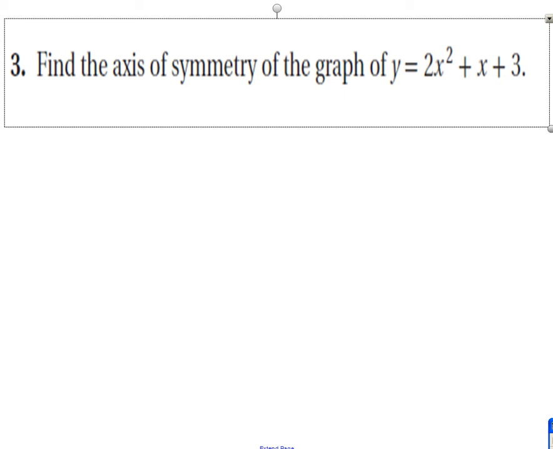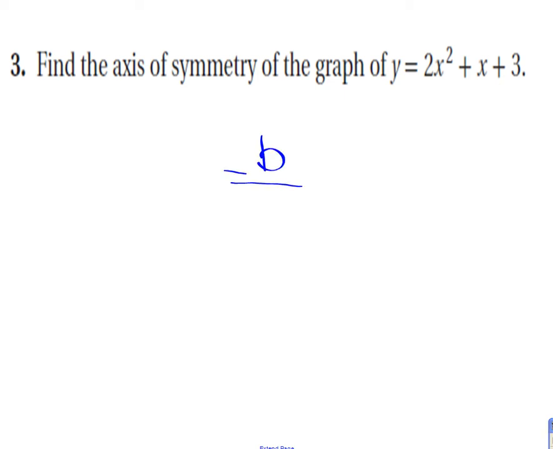So we have negative b over 2a. So what is b? What is the coefficient in front of x? So b is 1 over 2 times, and the whole thing is negative. So what's 1 over 4?